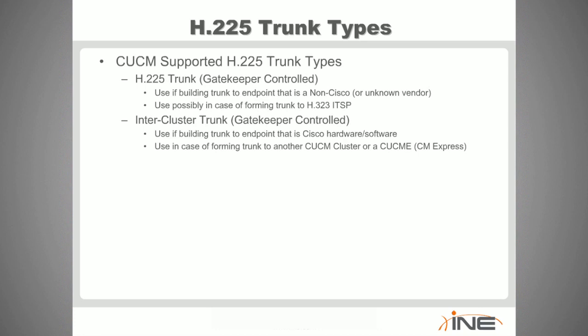And so, maybe we're integrating, for whatever reason, a 7.0 cluster with a 3.0 or a 3.1 CUCM cluster. We could build an intercluster trunk, and it will actually fall back to H.225 only. So there's intelligent auto protocol sensing within CUCM. That's covered in the CUCM SRND.